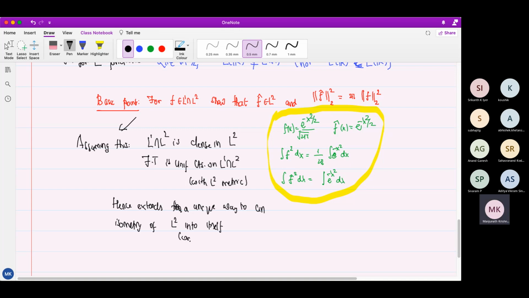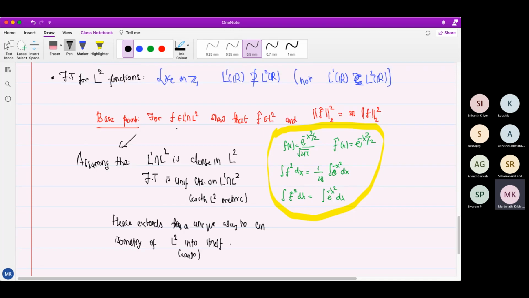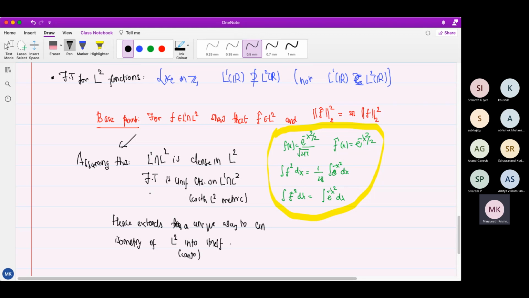And then you show that it is in fact onto. So that way it is similar to what we did on the integers. So you can define it for L2 functions, and then you can transfer. So this is the thing that needs proving.